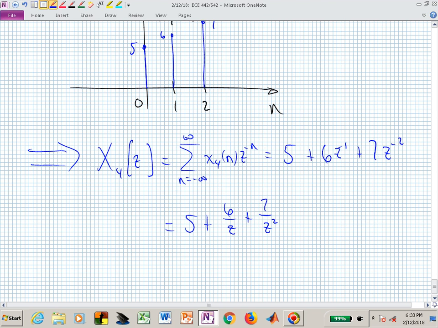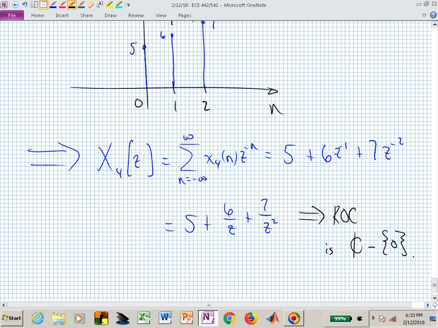And what was this finite sequence? It was finite to the positive side. So here our region of convergence is the entire complex plane minus the origin.